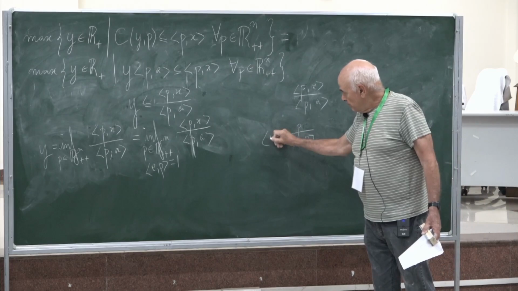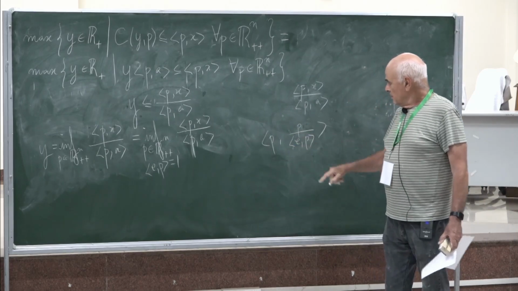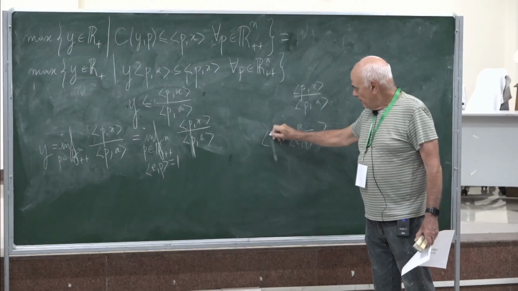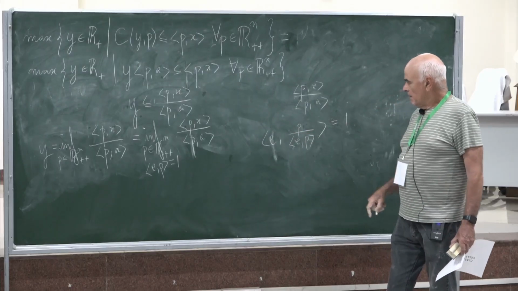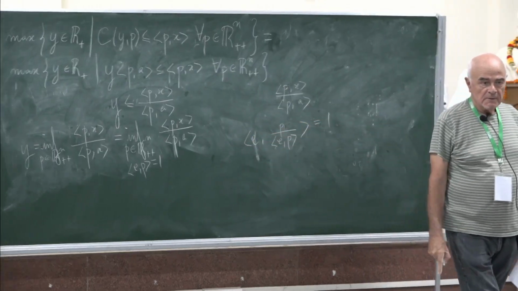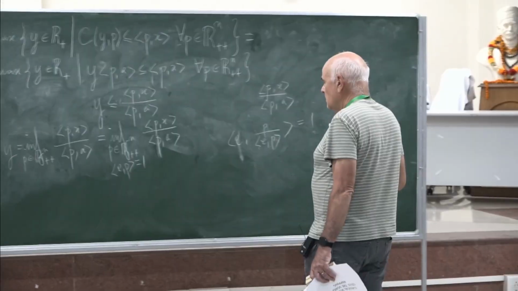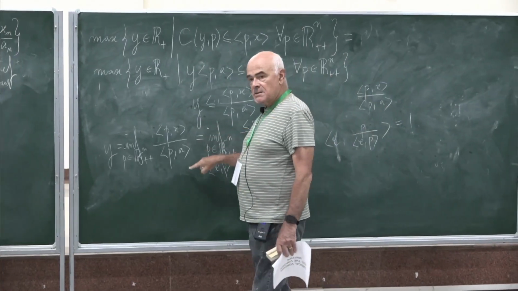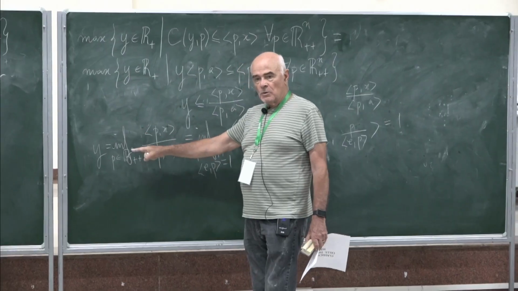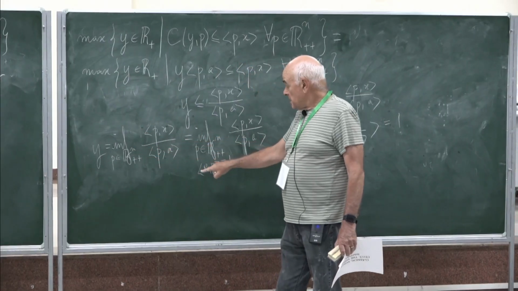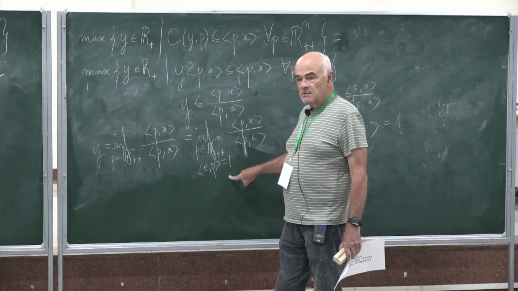But this vector I have considered satisfies that constraint. So this means the values this objective function takes in the whole space, in the whole orthant, are the same as it takes here.